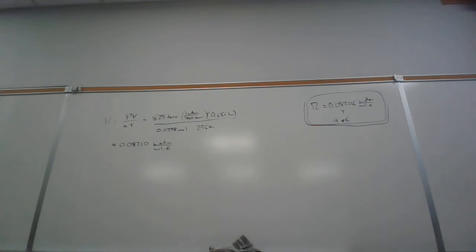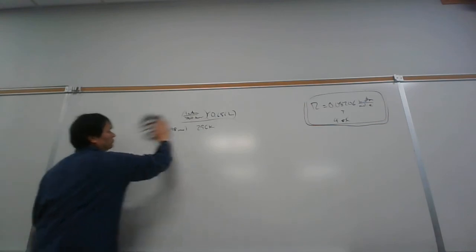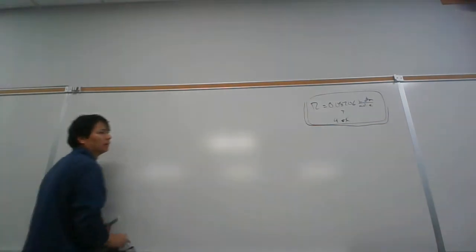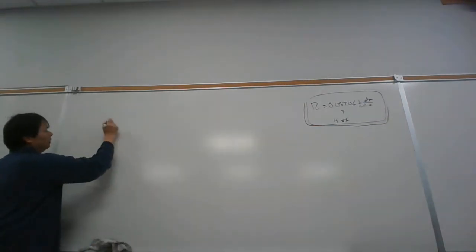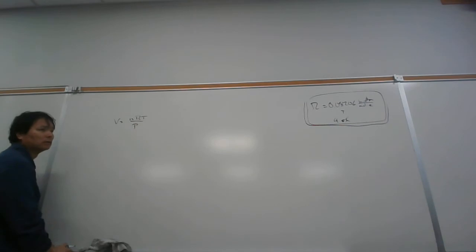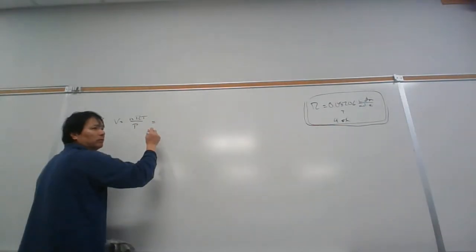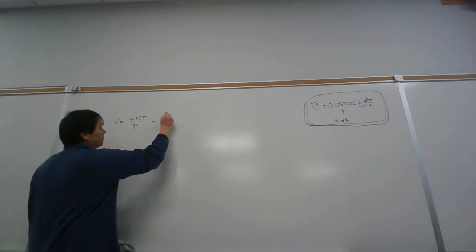So what volume will be occupied by 0.393 moles of nitrogen at 0.971 atmospheres and 24 degrees C? Volume is equal to nRT over P. We have 0.393 moles.